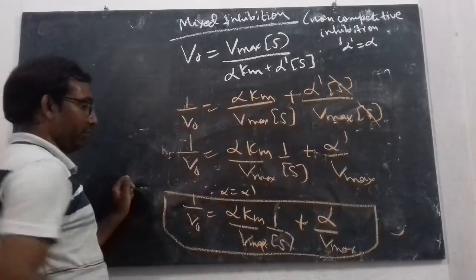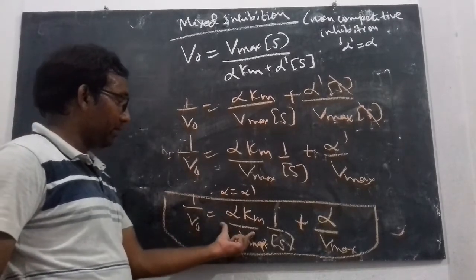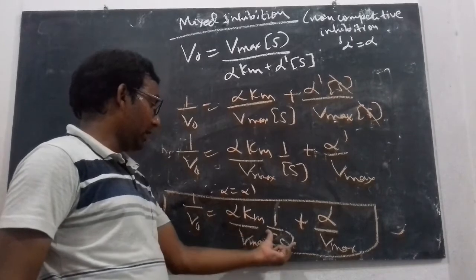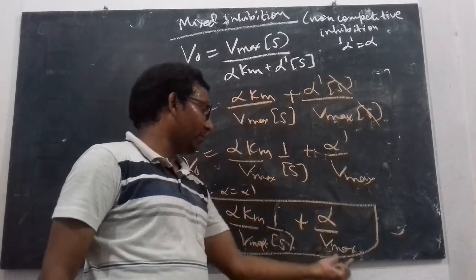What do you see from this equation? This is y, this is the slope, this is 1 by S, which is x, and this is the intercept on the y-axis.